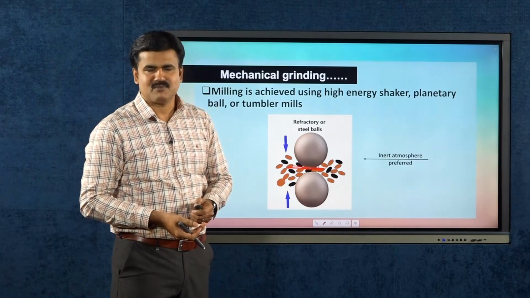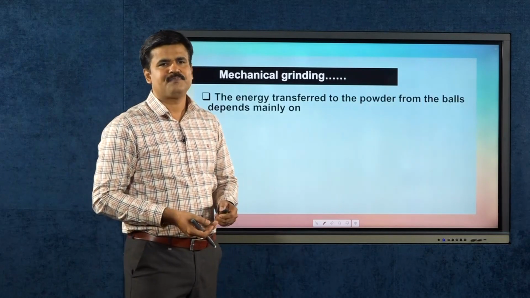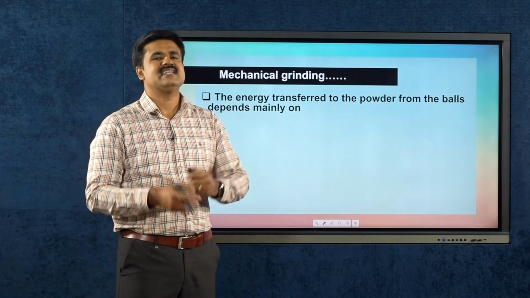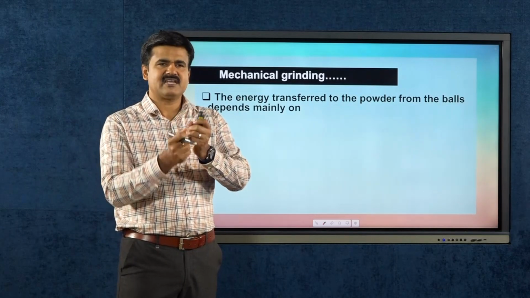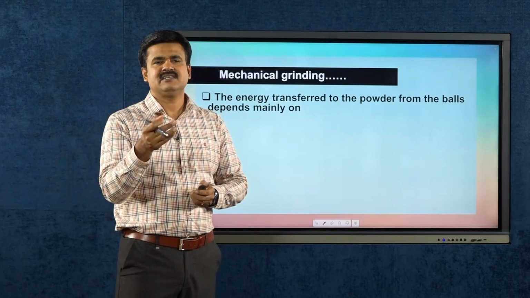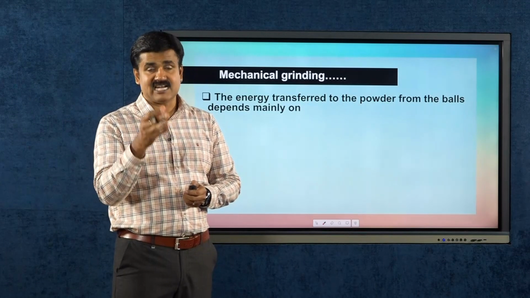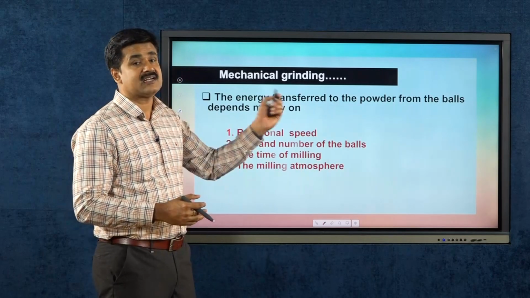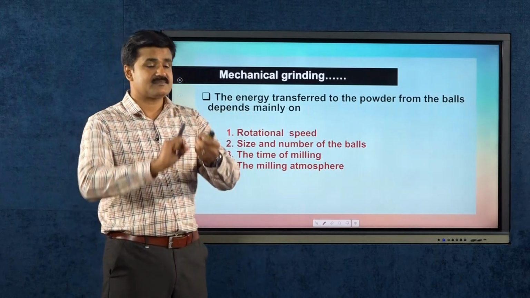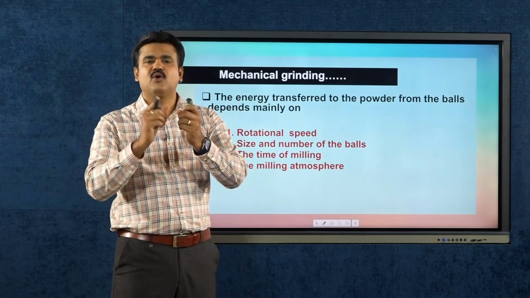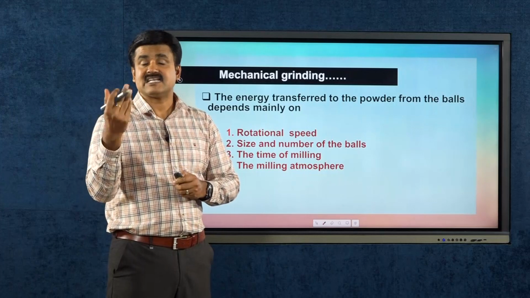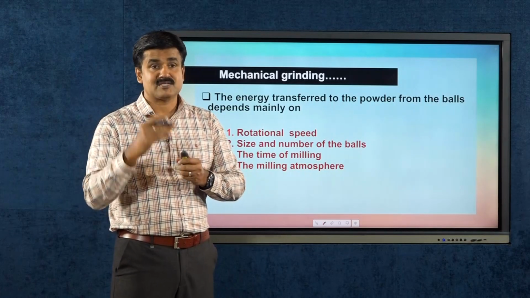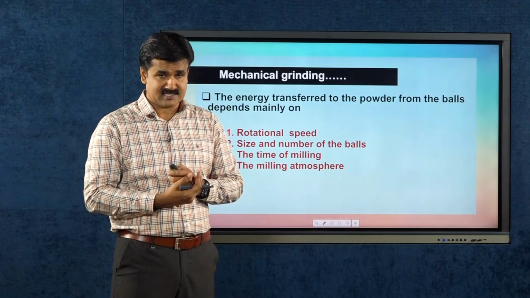is a preferred atmosphere. Now, the energy transferred to the powder from the balls. There are balls which are moving in opposite directions, and the energy transferred from these high energy balls to the particles depends on many parameters. What are those parameters? Rotational speed, the speed at which the balls are moving, number and sizes of the balls. Bigger balls can be used, smaller balls can be used, more than 2 balls can also be used.